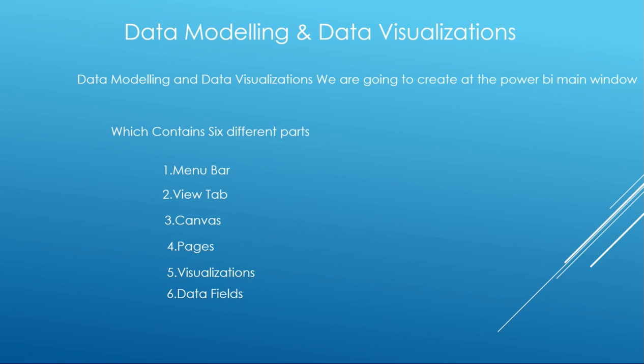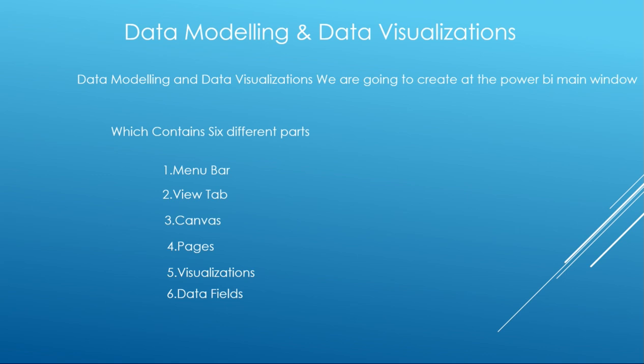Then we are going to move to the second and third stage related information: data modeling and data visualization. We are going to create the data modeling and data visualization in the Power BI main window, which contains 6 different parts.